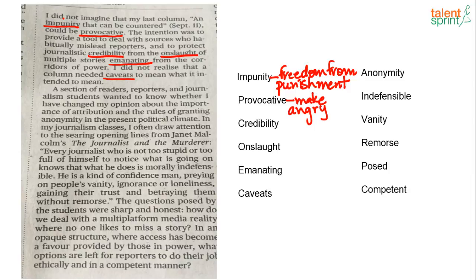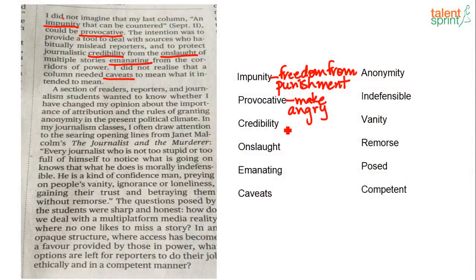Now, what does the word credibility mean? We all know that journalists are people who write for newspapers, they are someone whom we can trust, because the news that is written by them is something that people who read the newspaper or watch the news on TV believe. So therefore, it is very important that journalists are someone whom we can trust. So what does the word credibility mean?